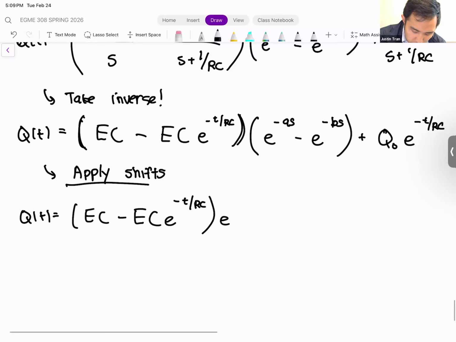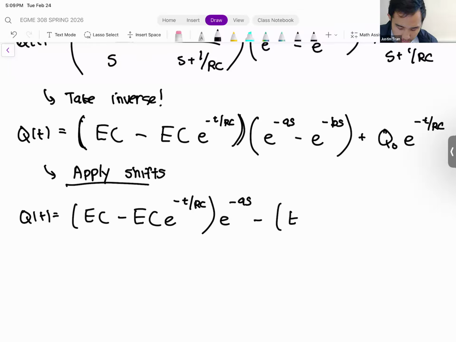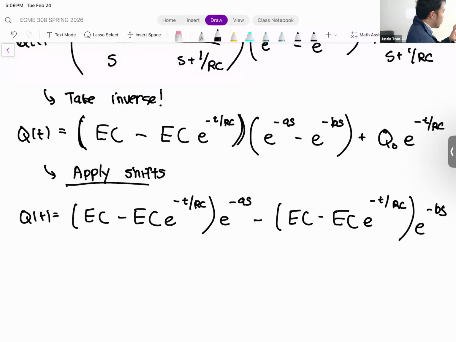We're going to shift this one by amount A. So this is multiplied by E to the minus AS, minus EC minus EC times E to the minus T over RC, E to the minus BS. Okay, so you want to be careful when you have these kind of FOIL terms that you distribute things appropriately. Plus Q naught E to the minus T over RC.